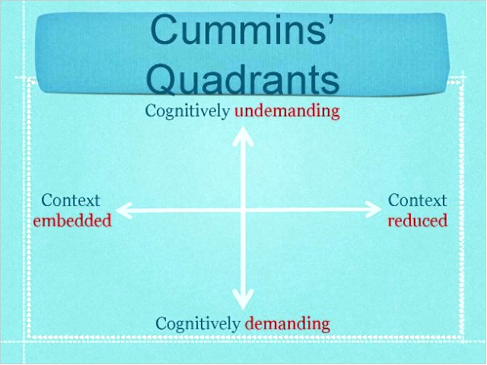And I think, going back to our topic, we can immediately see where Picturebooks fit in this quadrant. Picturebooks fit in on the left side of the quadrant, on the context embedded side.